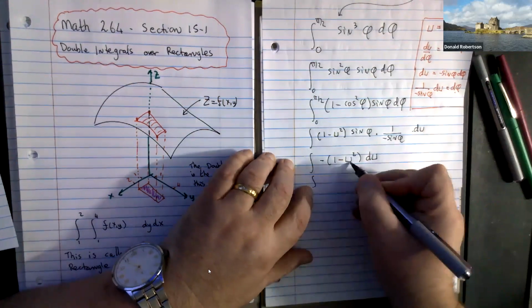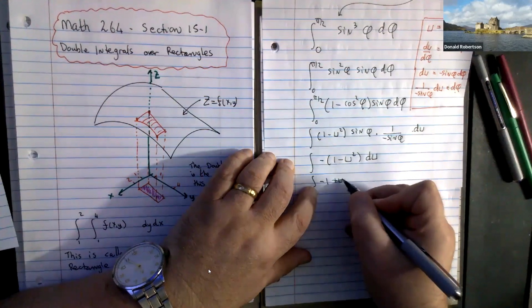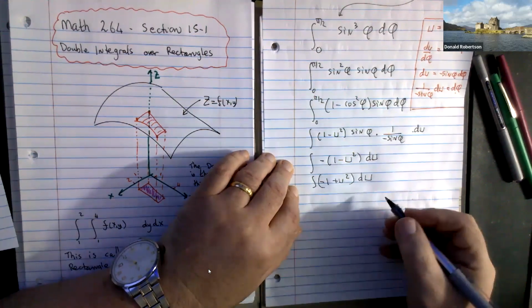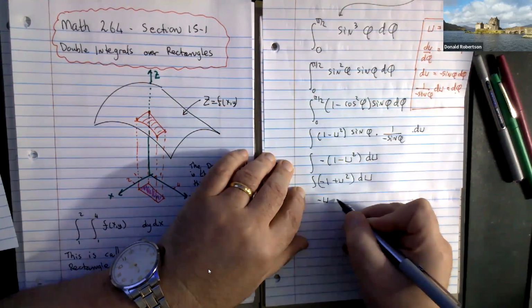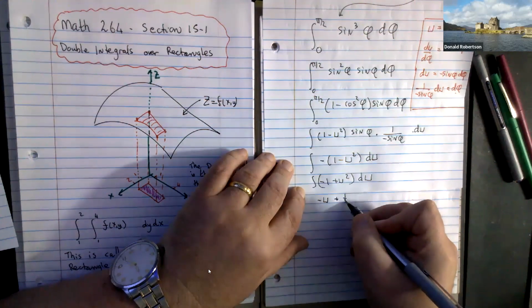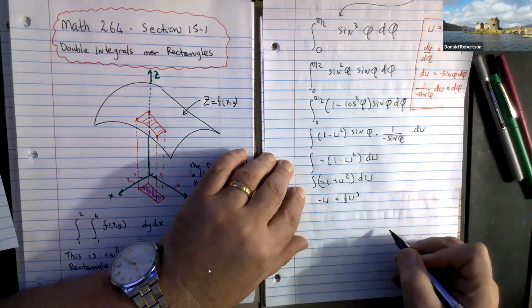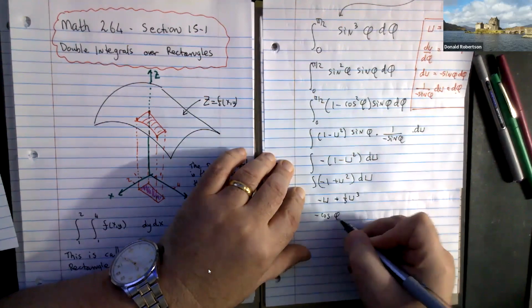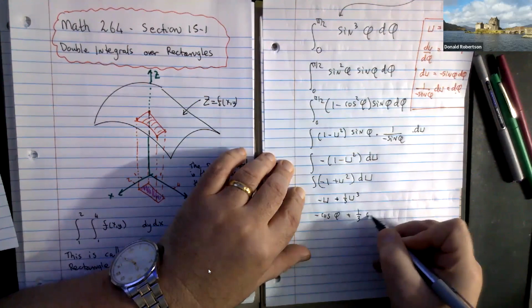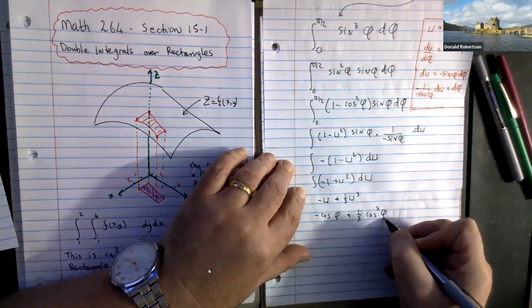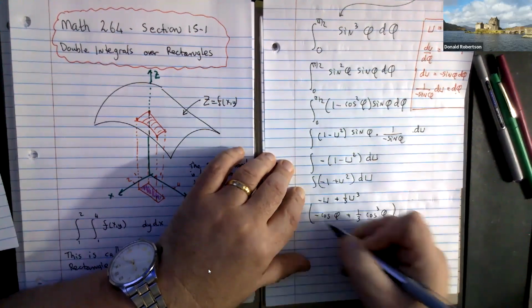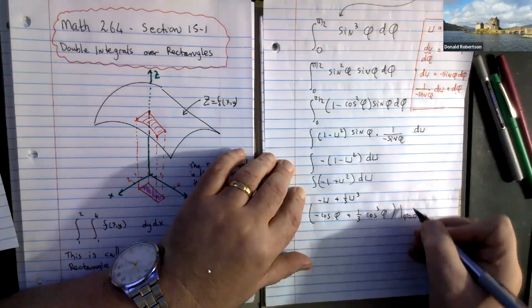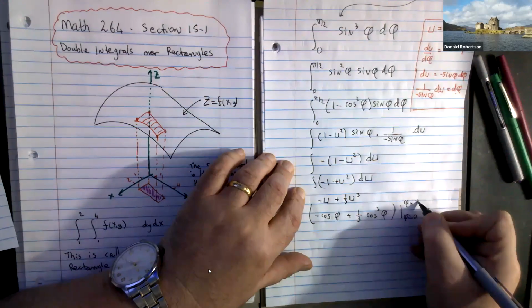I would probably distribute the negative to get that guy. Now I can use the power rule. Negative 1, u, add 1 to the power, divide by the new power. Convert back into cosines. And then put in the limits of integration, which are from 0 to pi upon 2.